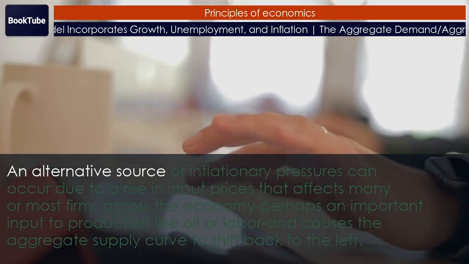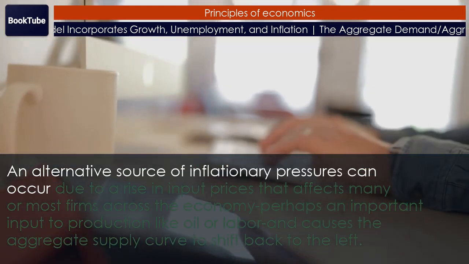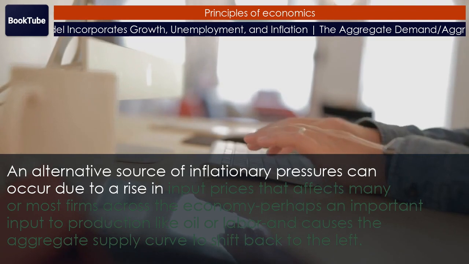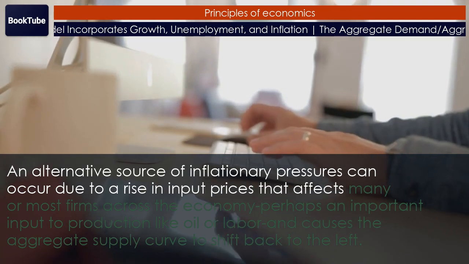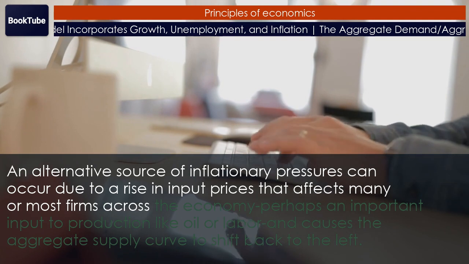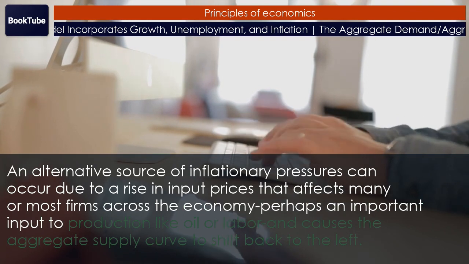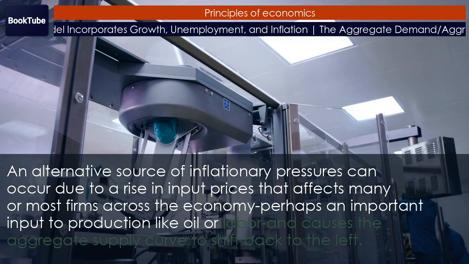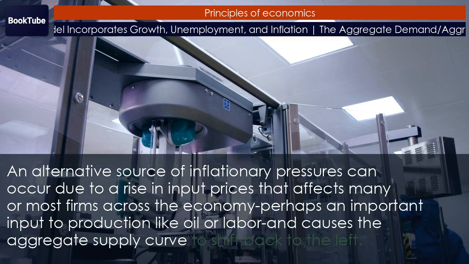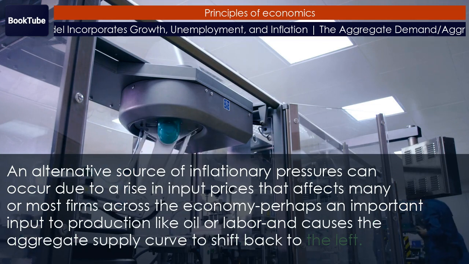An alternative source of inflationary pressures can occur due to a rise in input prices that affects many or most firms across the economy, perhaps an important input to production like oil or labor, and causes the aggregate supply curve to shift back to the left.